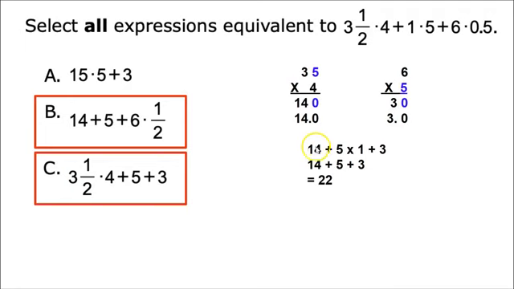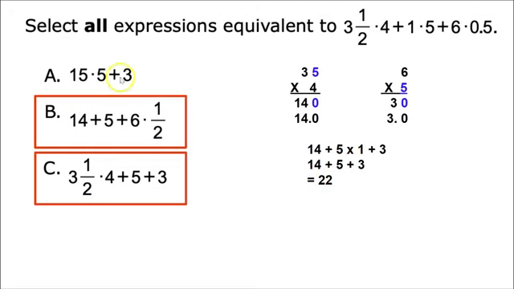And from there you have 14 plus 5 times 1 plus 3. And the last thing that you need to work out as far as multiplication is 5 times 1, which is equal to 5. Now everything has the right priority, and now you can just do 14 plus 5 plus 3, which is equal to 22.